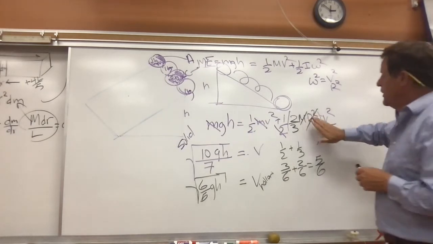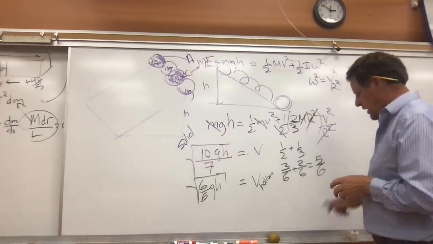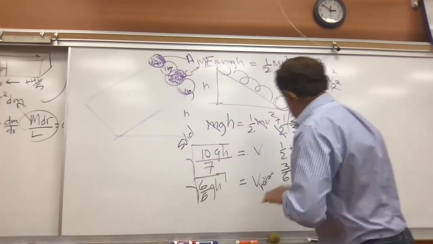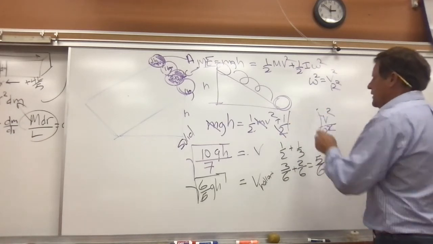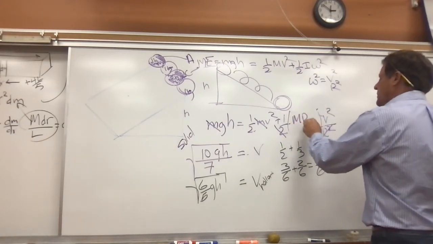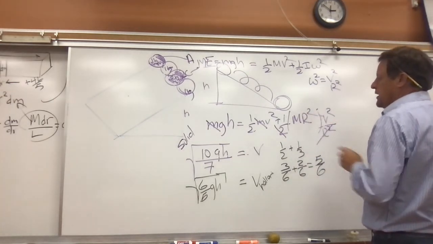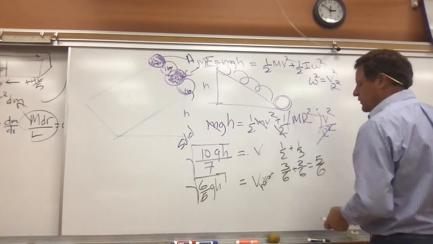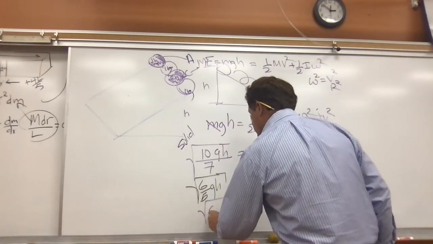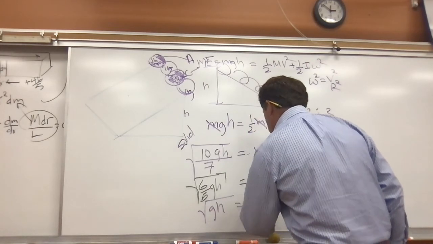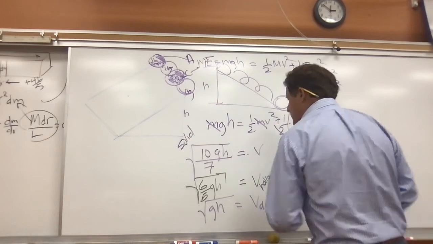When we do the disk, the I is just going to be 1/2 mr squared, and now we have 1/2 plus 1/2 is a whole, so we just have the square root of gh as the velocity of the disk.